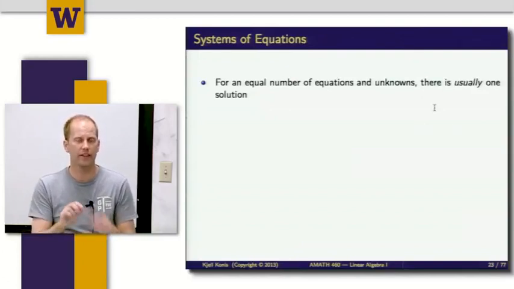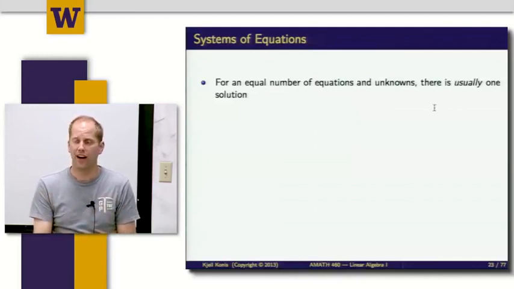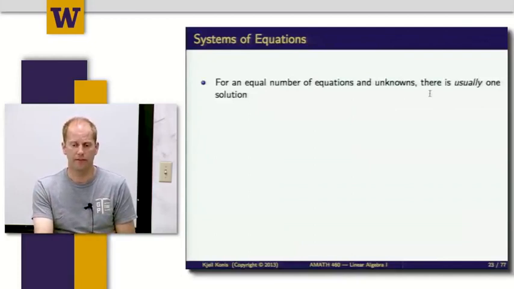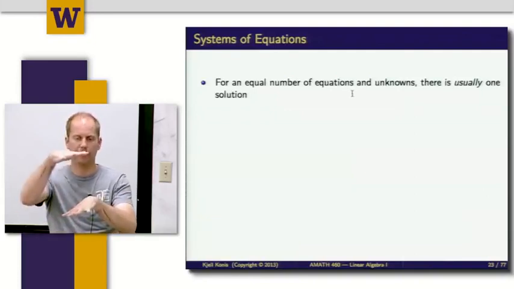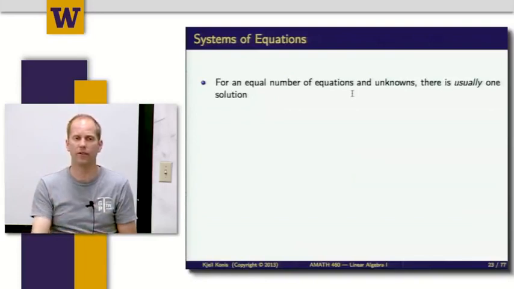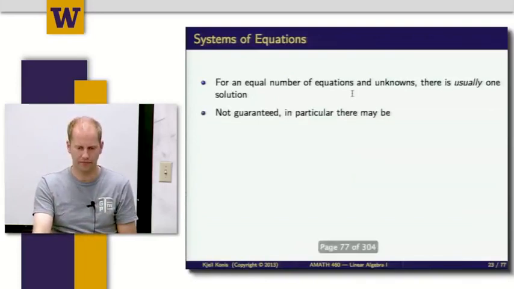So imagine if I took the equation of a plane and just multiplied both sides by 2, the points that satisfy that are going to be the points in the same actual plane. Or I could have 2 planes that were parallel, and so there would be no intersection between those.